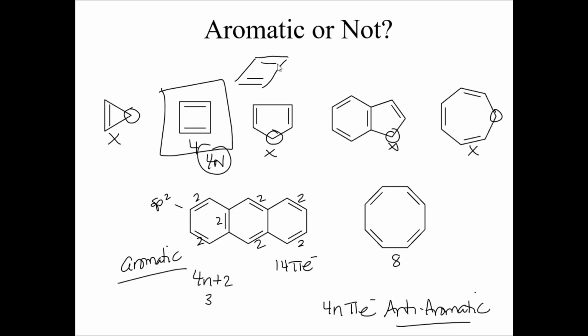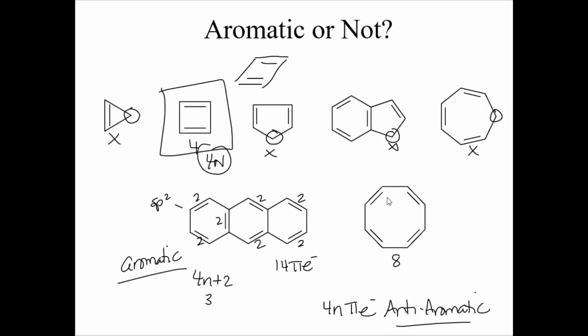It's kind of a parallelogram with a long single bond and then a short double bond. But it only exists for a split second, enough for them to get the structure of it, but it is very unstable.